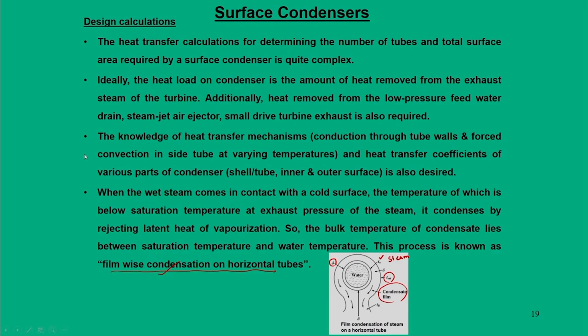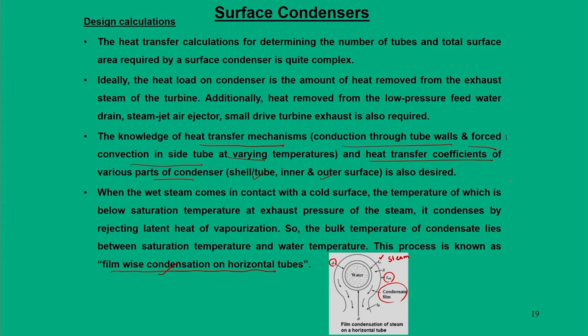Another kind of knowledge that we require in the design of the condenser is heat transfer mechanisms, which means conduction through tube walls, forced convection inside the tube at varying temperatures, and then you also need to evaluate heat transfer coefficients at various parts of the condenser, that is shell and tube, inner and outer surface. All these things are required.